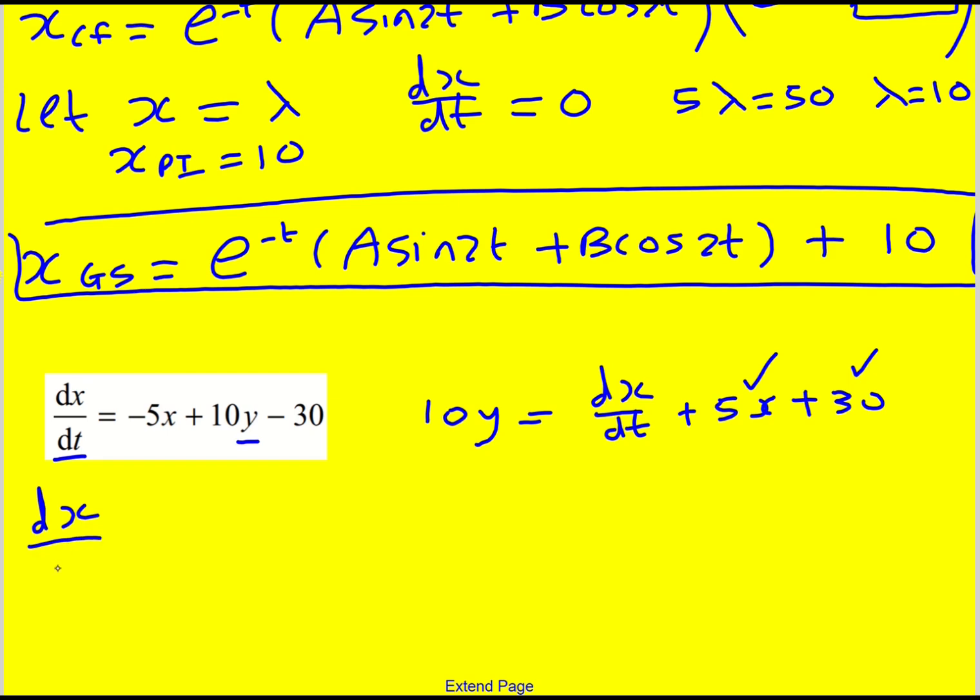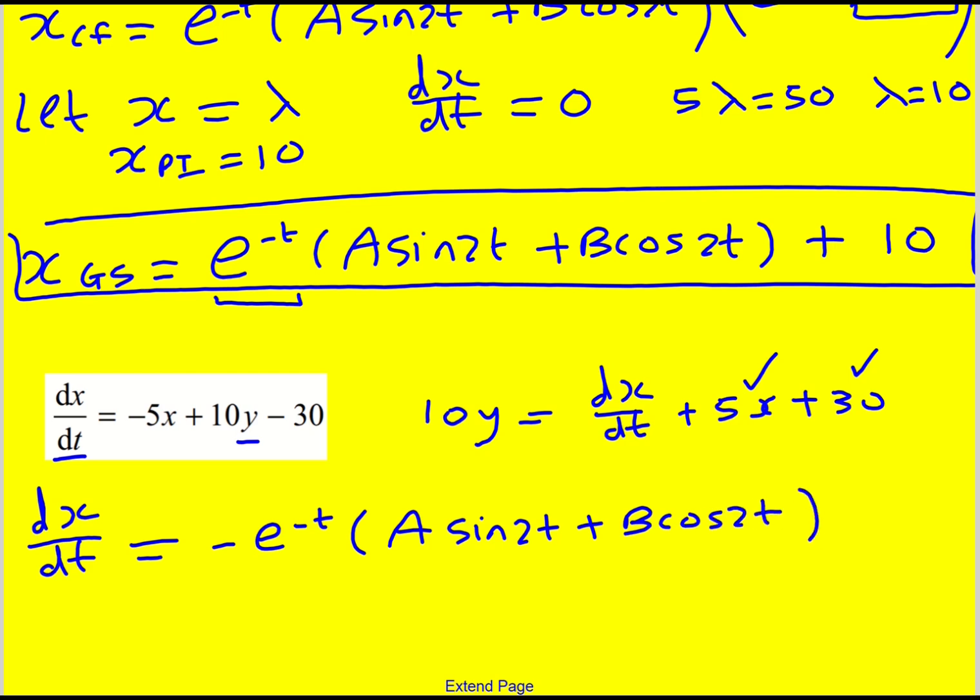So let's differentiate. Got to use the product rule here. So I'm first of all just going to differentiate the e to the minus t. I'm going to get minus e to the minus t, and then this is going to stay as it is. The 10 disappears. And then it'll be plus e to the minus t times the derivative of this bit. Now, when I differentiate sine, I get cos, but I'm going to bring a 2 down, and cos is going to become minus sine.